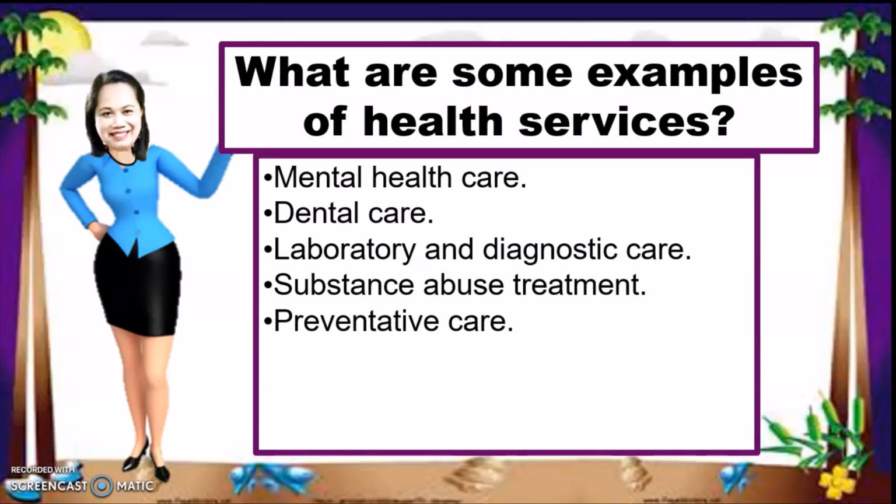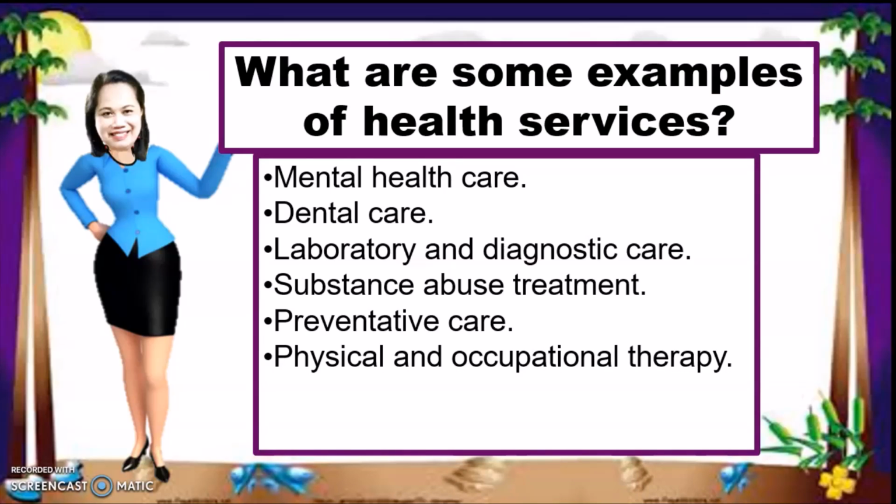And then the preventative care, what is this all about? If you want to prevent diseases, so you want to have your vitamins, you go to the preventative care so that the illnesses will be prevented. And then the physical and occupational therapy.